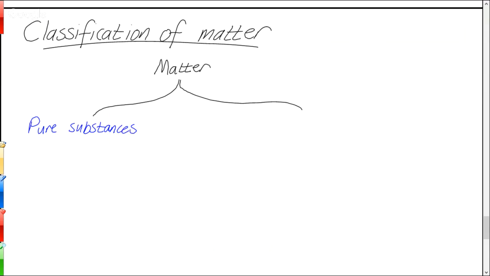And the other one? If something's not a pure substance, what is it? Okay. It's a mixture. So you've either got a pure substance or you've got a mixture.